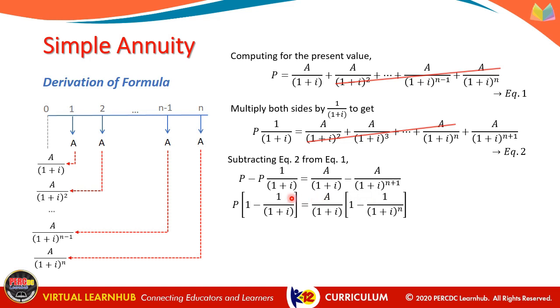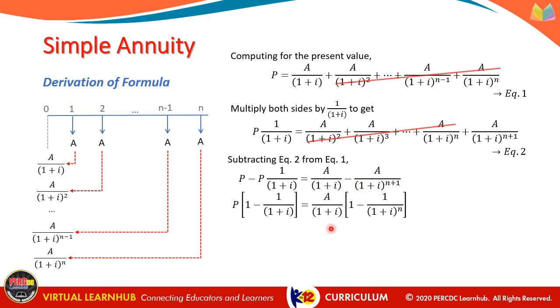Next, on the left side of the equation, we can factor out P and we can write it as P times quantity 1 minus 1 over 1 plus i. And on the right side of the equation, we can factor out A over 1 plus i.